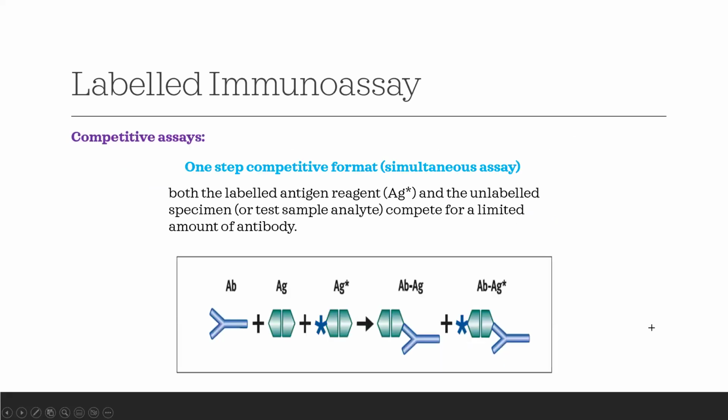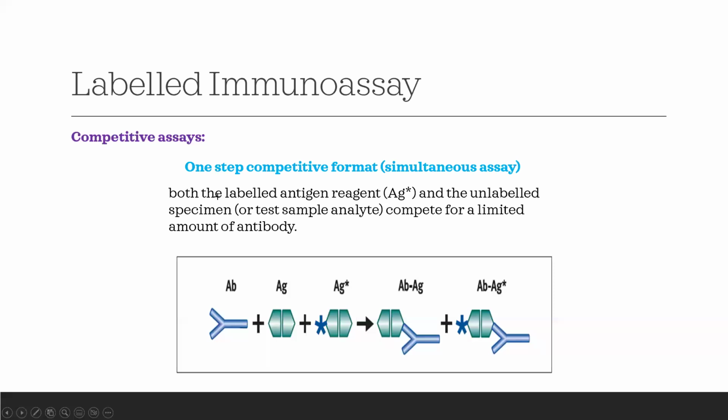The competitive assay has two formats. The first one is the one-step format, also called the simultaneous assay. In the one-step format, we add the antigen without label, which is the analyte of interest, the antigen with label, and the antibodies, all three together in one go, and let them form different kinds of complex.